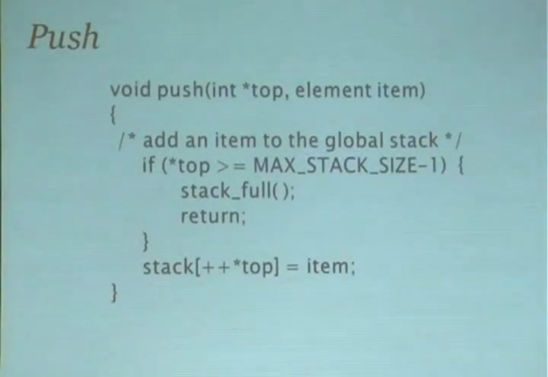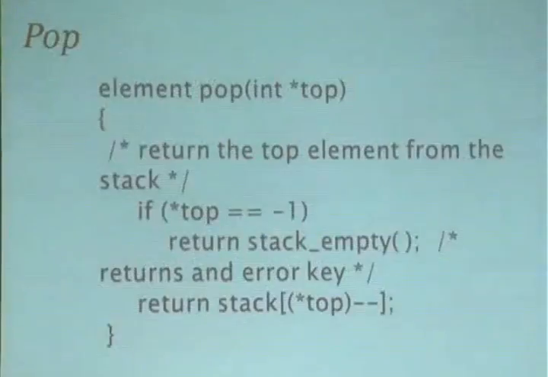So that is checking if top is greater than or equal to max stack, then the stack is full. Suppose a location is free, then this if condition will not be satisfied, and the else part will be executed. Whenever there is a place in the stack and I want to add an element, I call the push algorithm: first increment top and store the element at the top position.